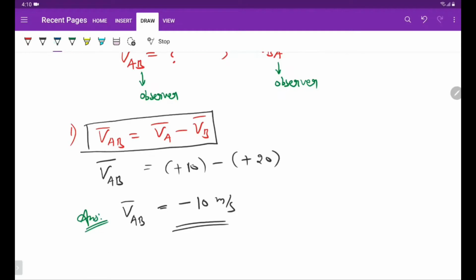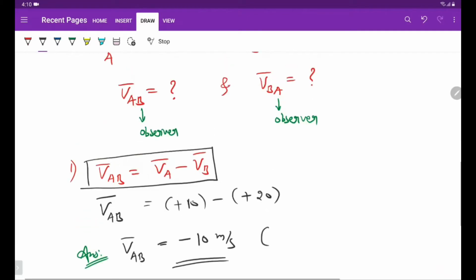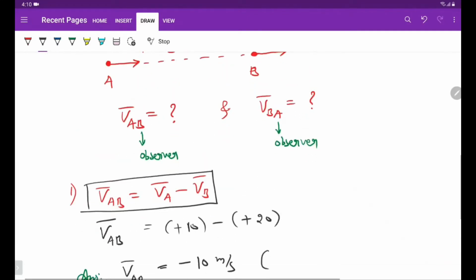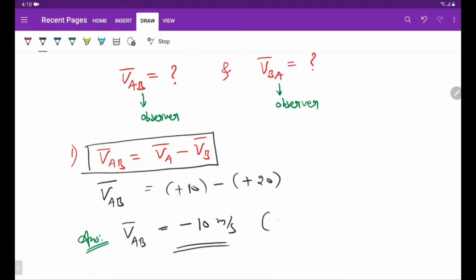The meaning of this answer is that with respect to the driver of car B, he feels that car A is moving left side.